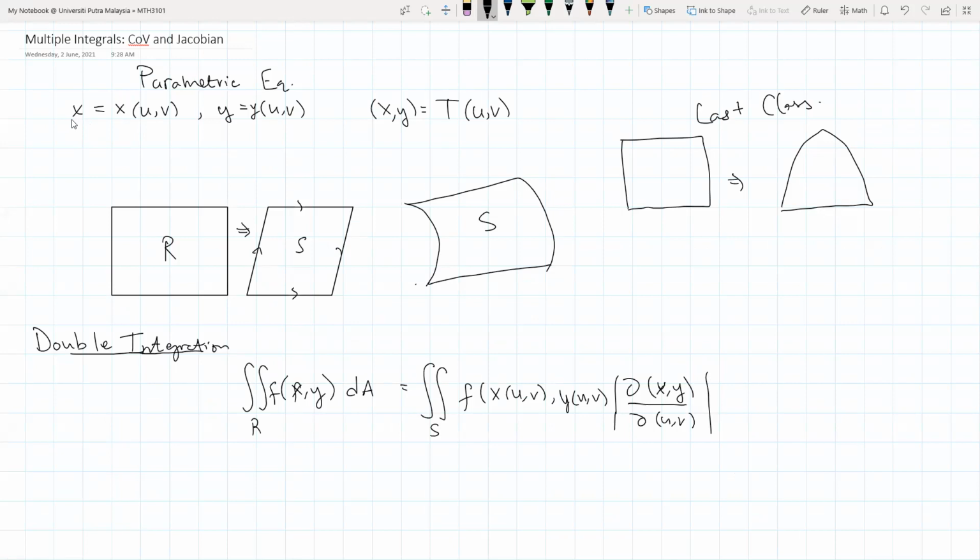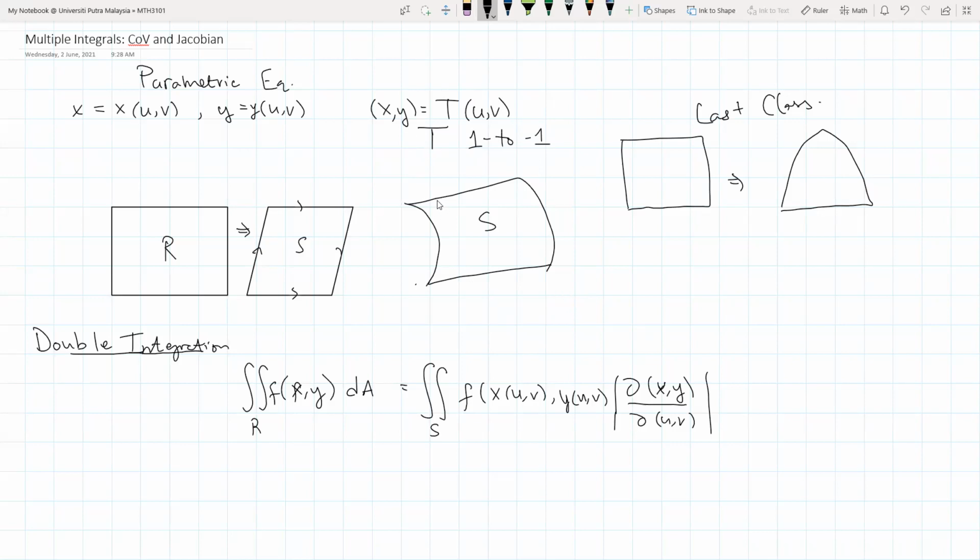So we have a parametric equation, x in terms of u and v, y in terms of u and v, and x and y is just a transformation from the space u and v. And T is a 1-to-1 transformation. You can also understand that this is 2-dimension.